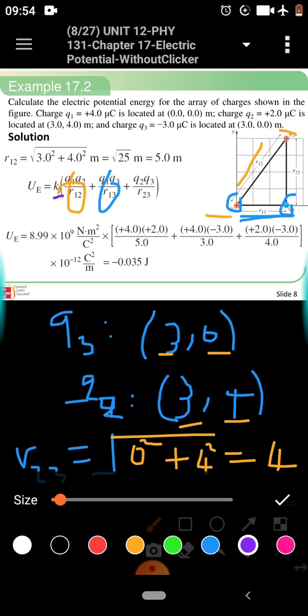Actually the k is in there, they've just taken it out because it's common. Then we go to this part where we're pairing q2 and q3. After substituting these values, they did that, and then the final answer was this. So this is how you calculate the electric potential.